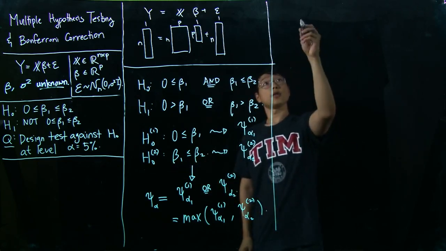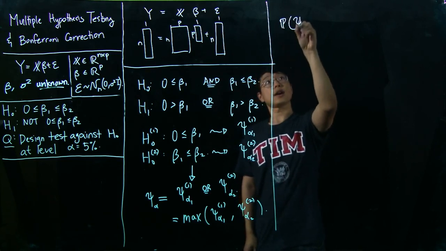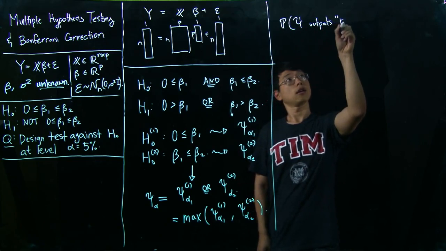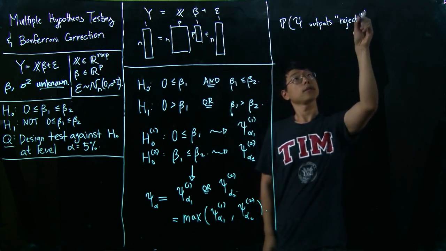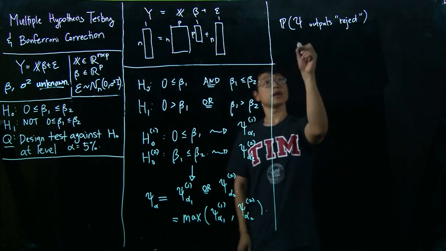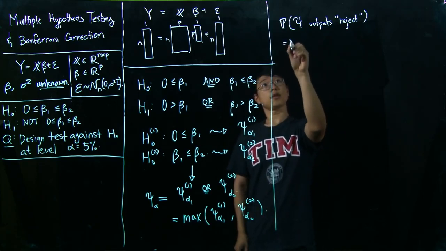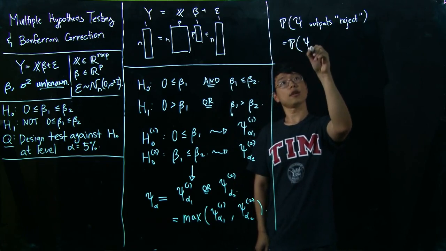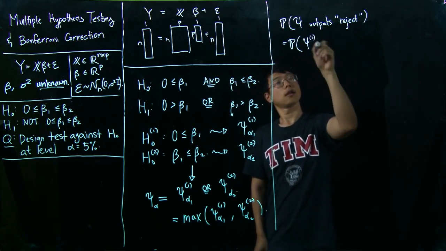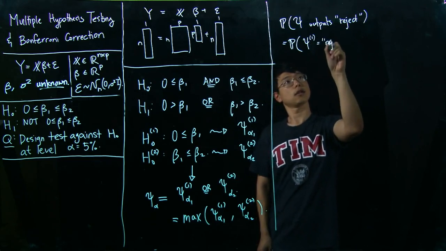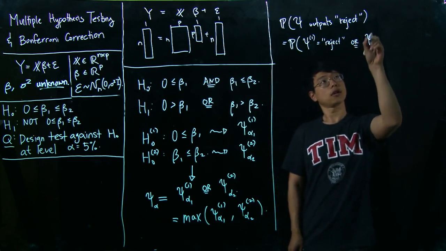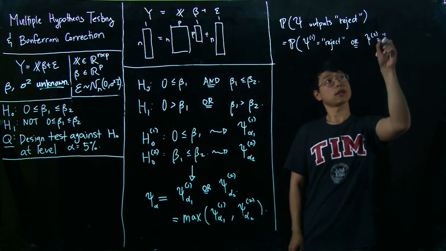Okay, so the probability that psi, our composite test, outputs reject is going to be equal to the probability that psi 1 says reject, or psi 2 says reject.